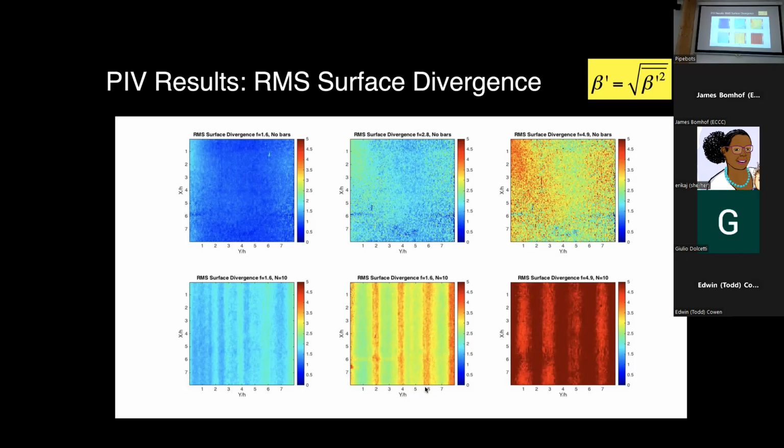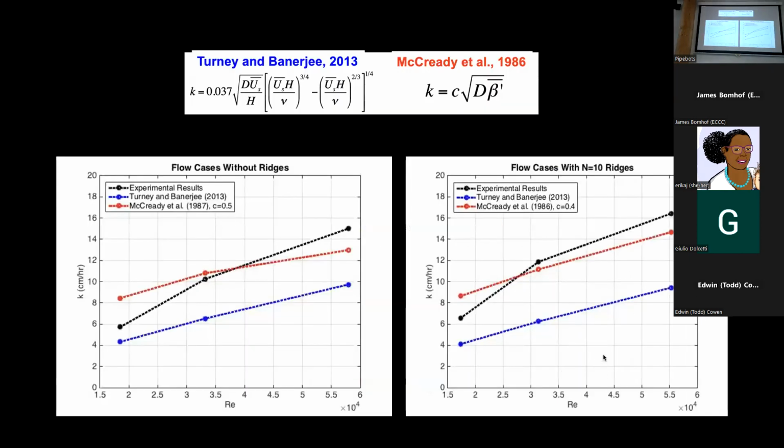And so you can see the surface divergence strengthening over the ridges. The ridges are over the even numbers of the Y on H, H being flow depth. And so you can see these surface divergence accelerations, but these are the exact same flow speeds. She here mentions the flume frequency, but these are mean flow speeds in the sort of 5 to 10 up to 30 centimeters per second. And so same flow speed, much higher surface divergence, which leads to much stronger gas transfer. And so here she's got the no ridge case. Here we have the with ridge case.